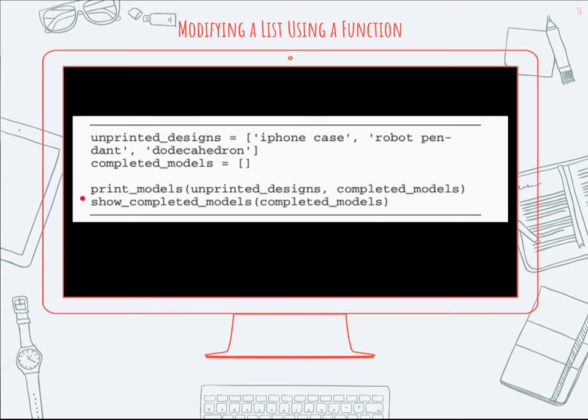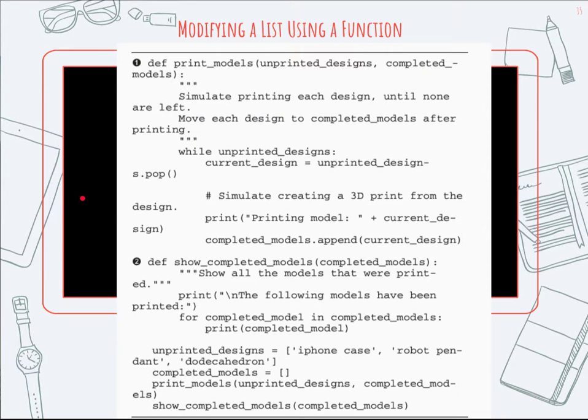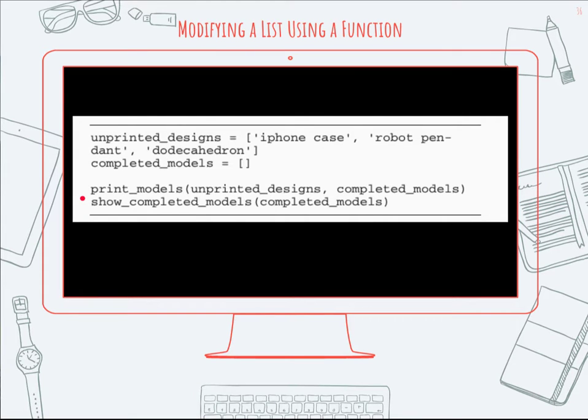This example also demonstrates the idea that every function should have one specific job. If you look back at the function, we could have made one function that does two things. However, it's best practice to have one function for each thing that you need to do.